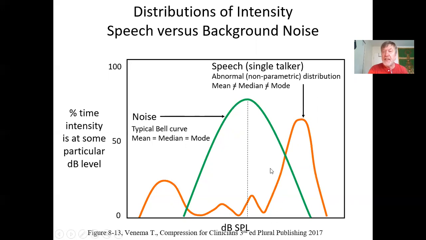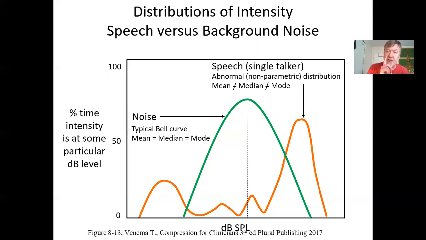How many got C's? Quite a few. How many got D's? Not very many. That's a bell curve, a normal distribution of grades in the classroom. Well, that's the same thing with noise. Noise is mostly flat. The amplitude doesn't modulate much over time, so the amplitude of noise is steady at one particular intensity most of the time, unlike speech.